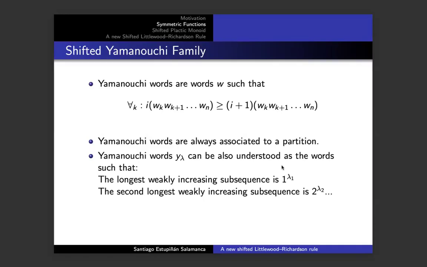And so it's a family of words that has subsequences which are characterized by this condition.